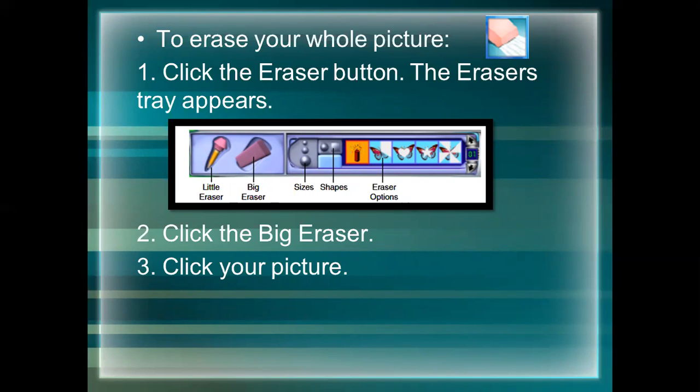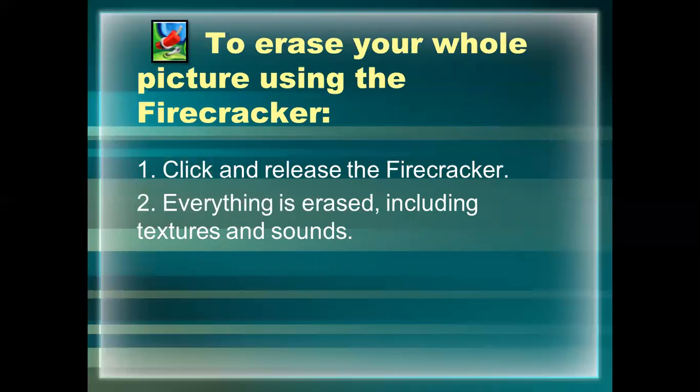The little eraser will erase the line that I want to erase. When I click on the big eraser, a bomb will flash and it will delete all the parts of the picture. And there is one more eraser, a firecracker. When I click on this, it will erase each and everything.